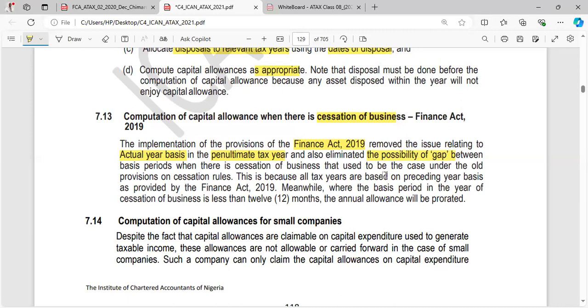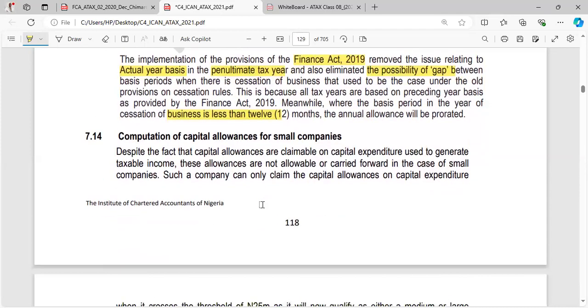This is because all tax is based on preceding year basis as provided in the Finance Act. Meanwhile, where the basis period in the year of cessation is less than 12 months, the annual allowance will be prorated, just the same way we did in the commencement of business.